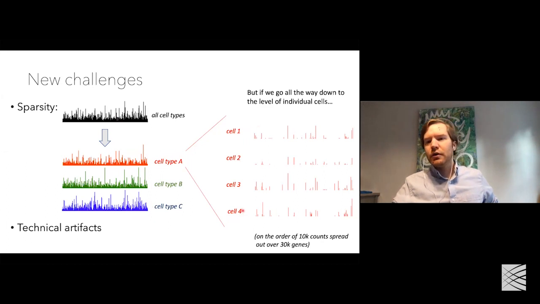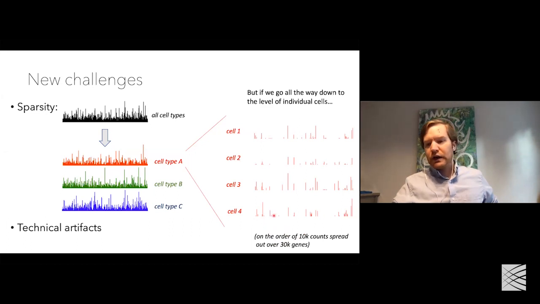If we go all the way down to the level of individual cells, which is the data that we're getting in this type of experiment, the measurements are very sparse. We get maybe on the order of 10,000 counts or so spread out over maybe about 30,000 genes if we're looking at human data. So you can tell right away that a lot of these entries are going to be zero.